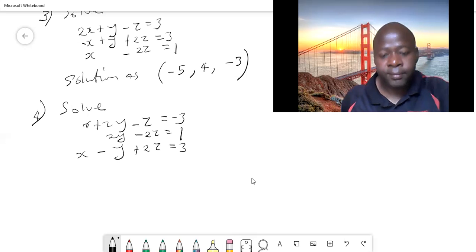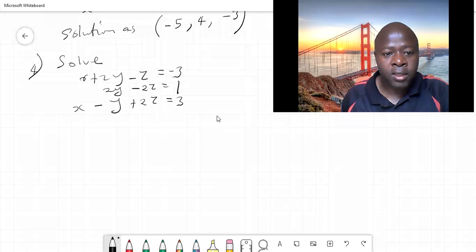Okay, let's solve this. Let's see whether it is consistent or inconsistent.